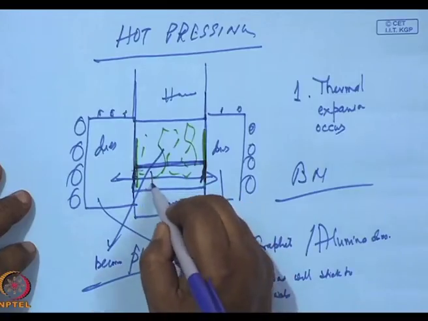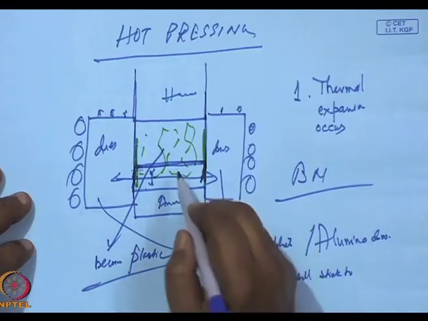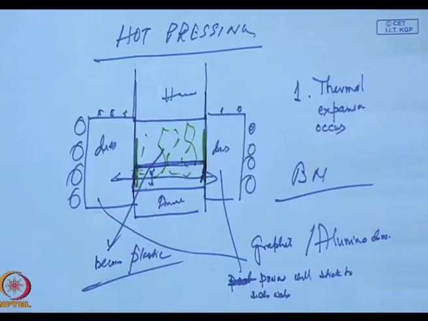But this powder which is being compacted, the material, that will expand. And in such cases, what we require is a lubricant which is very stable up to even 2000 degrees centigrade, and so is boron nitride.